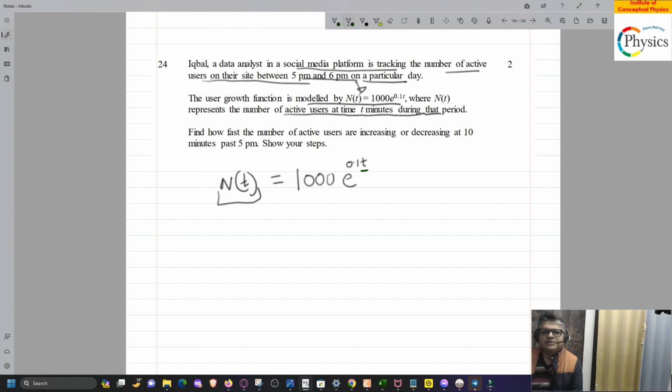Okay, it says at time t, so at every time this is differing. This is the mistake students make. They are not able to understand that this expression, which is the model for user growth, is instantaneous in nature.